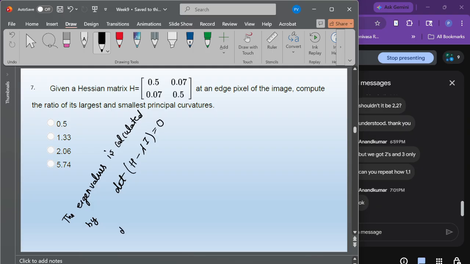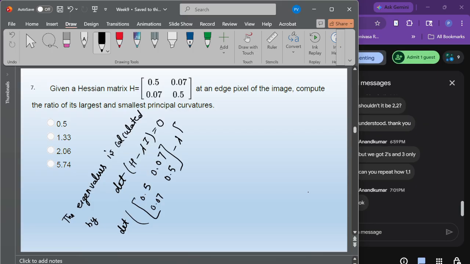So here the H matrix is given 0.5, 0.07, 0.07 and 0.5, minus lambda I, which is 1 0 0 1, is equal to 0.